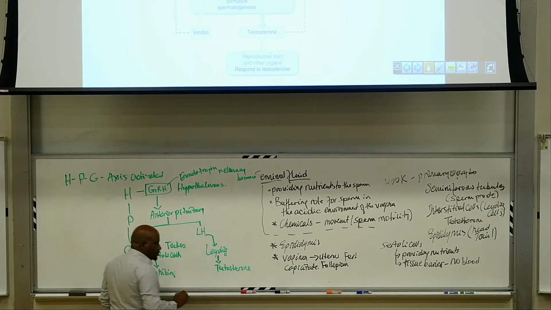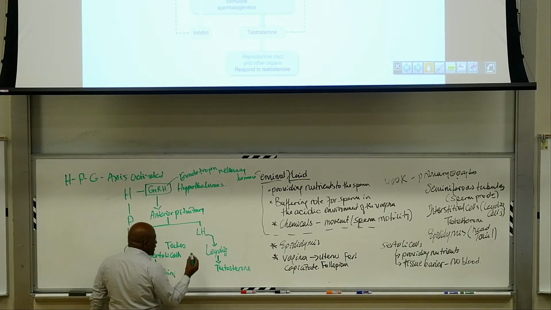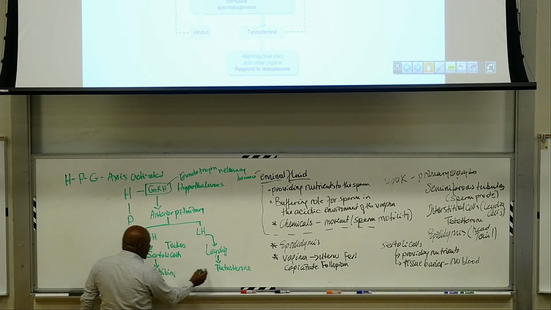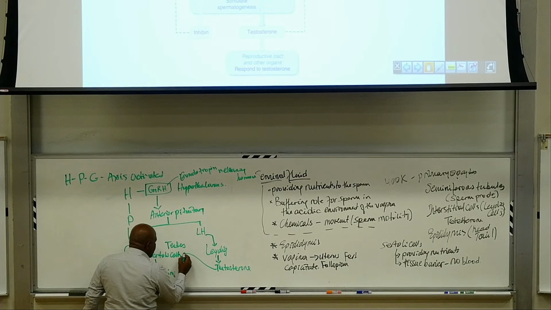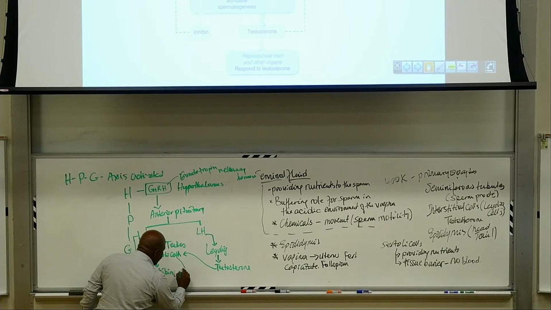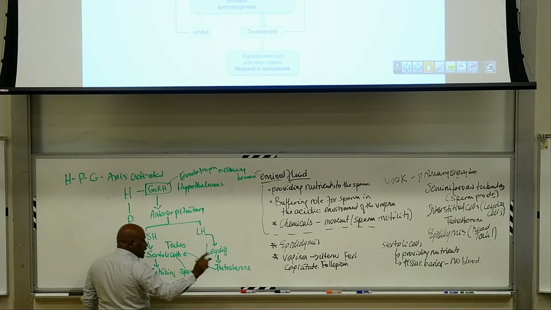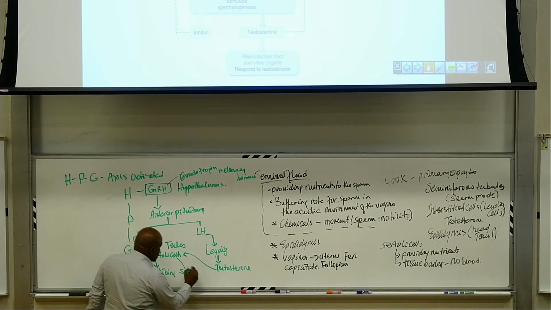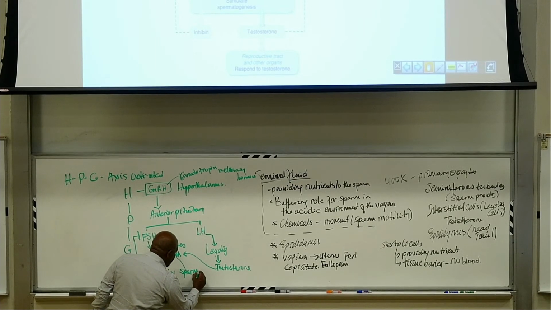So this testosterone, which is produced by the Leydig cells, can be used in two ways. One is providing support for the Sertoli cells, so that Sertoli cells can be involved in the production of inhibin, and also in the process of spermatogenesis, as I showed you how they are localized in the seminiferous tubules. They are important for spermatogenesis.